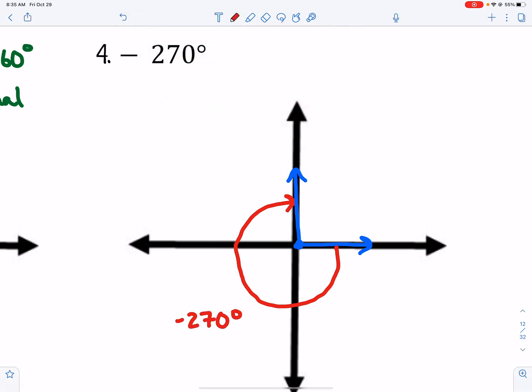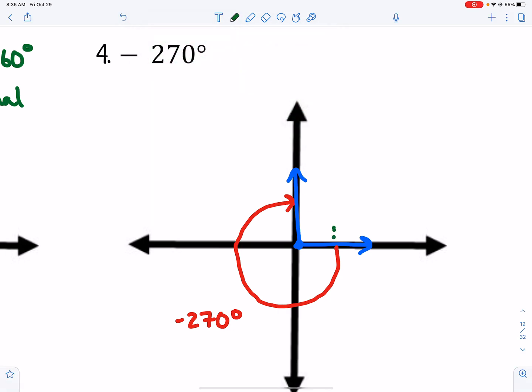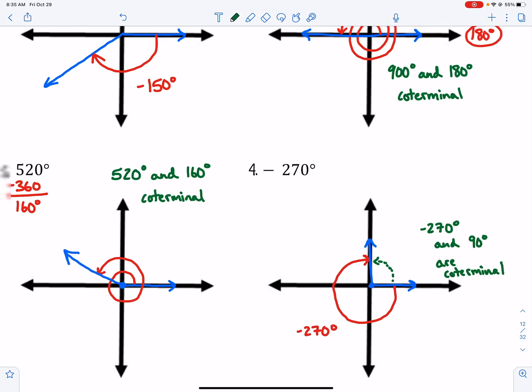So negative 270. If I had gone 90 degrees in the positive direction, those would be coterminal. So negative 270 and 90 degrees are coterminal. Just another good example of that word.